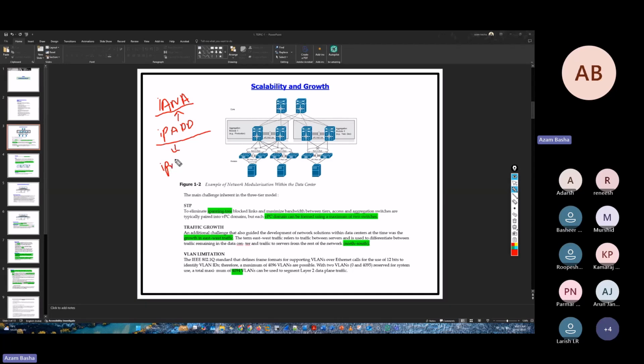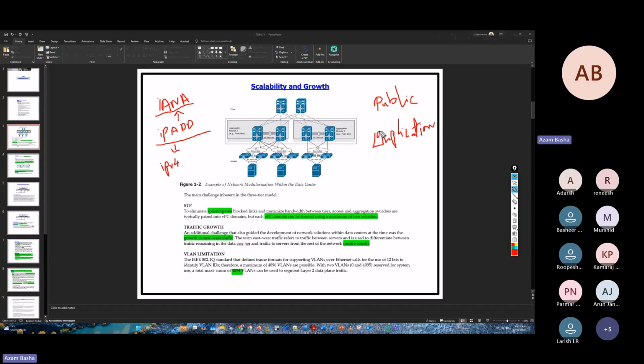It is no longer able to allocate any IP addresses on the internet. What is the internet? The internet is a network of networks. When I say network of networks, there should be no duplication. If there is a duplicate IP, you will not be able to communicate.